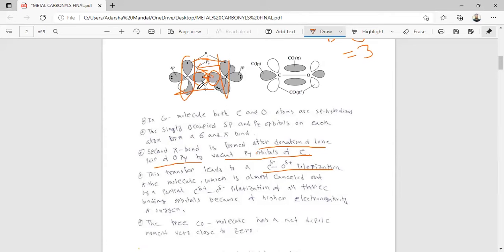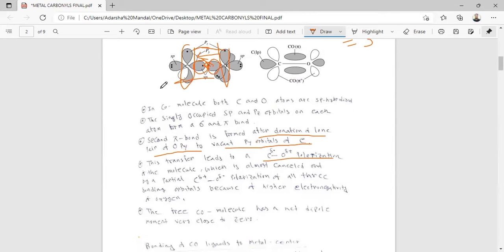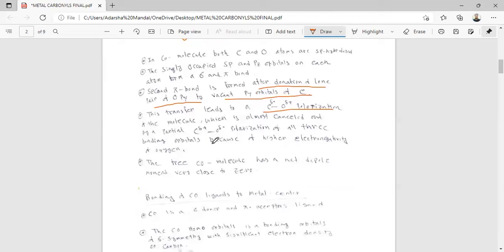So overall, this carbonyl molecule has a net dipole moment close to 0. It is neutral. That's why it is a neutral ligand. It is an L-type ligand.